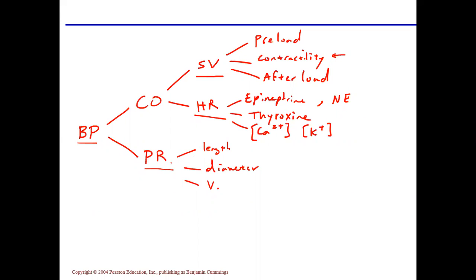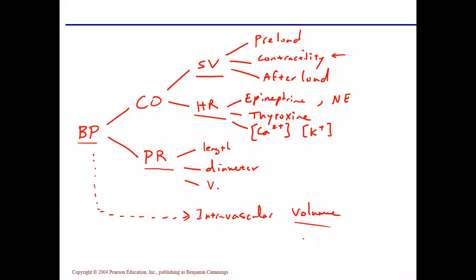Now, blood pressure, I'm just going to put this right over here, can be affected by intravascular volume. So if you donate blood, for example, your volume is going to be low.